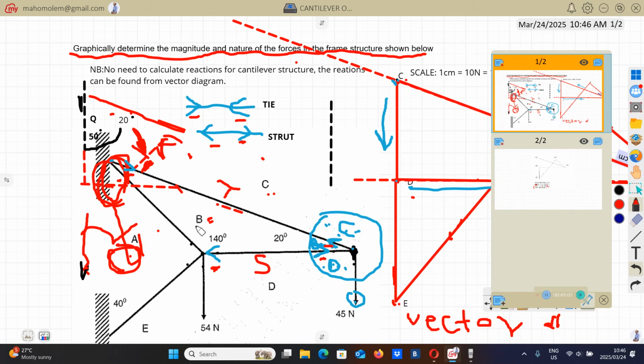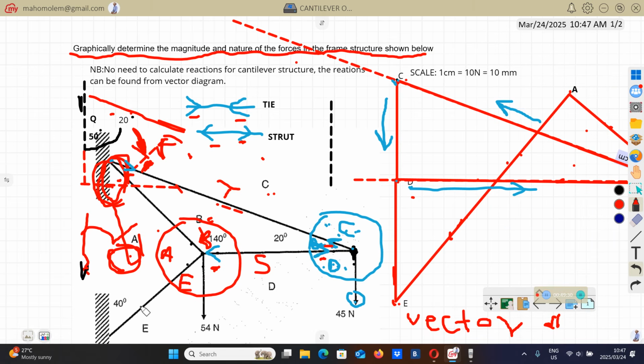So lastly, let's consider this point here. This is E. This is A. This is B. To determine the nature, we're only left with this member and this one.